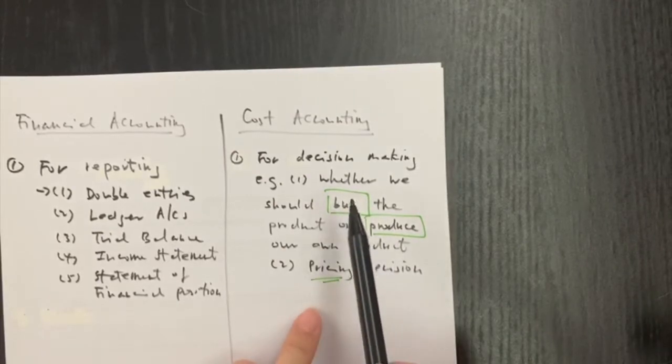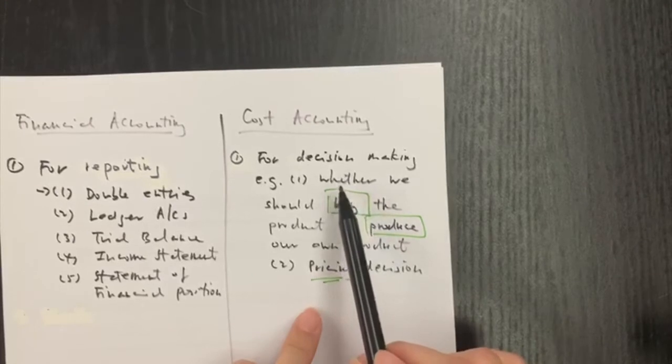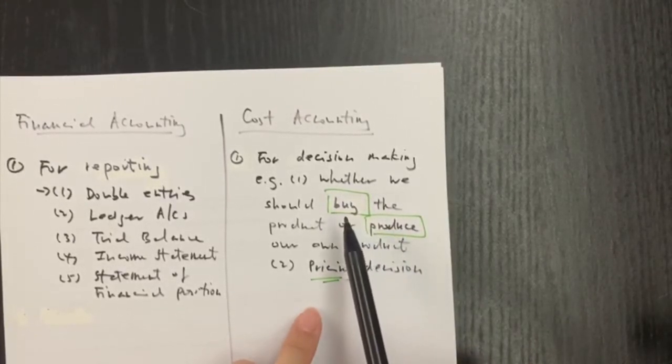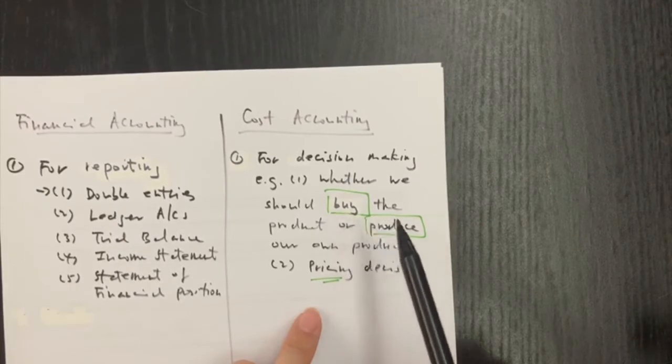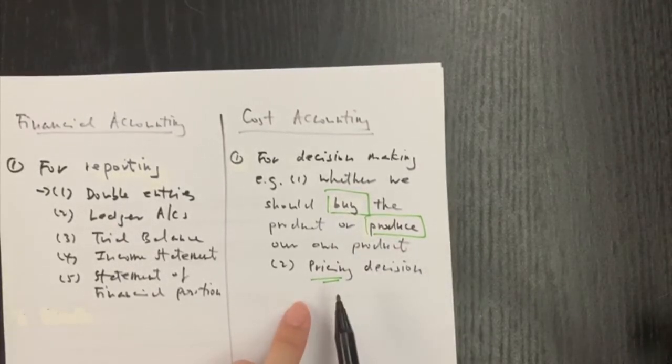Okay, so however, the purpose of cost accounting is not for reporting, which is used for making decisions. For example, whether we should buy finished products from the supplier or we should produce our own products. And then another example here is how much should we set the selling price for our new products, which is related to pricing decisions.